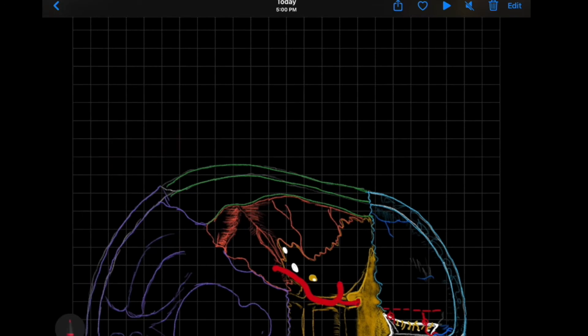So this anterior ethmoidal artery, which originates from the ophthalmic artery, courses anteriorly along the medial wall of the orbit. That is the reason I have made the dotted line. From that ophthalmic artery, anterior ethmoidal artery and posterior ethmoidal artery originate.